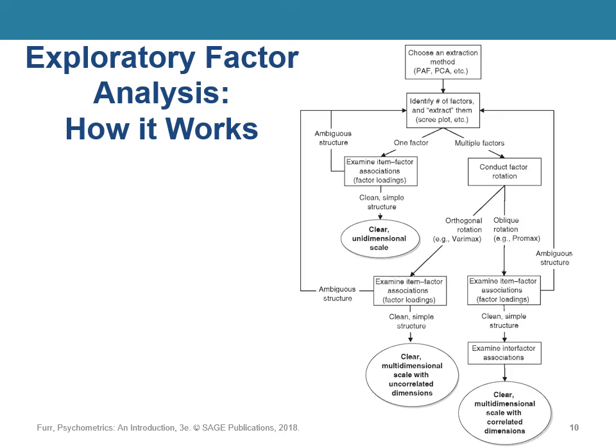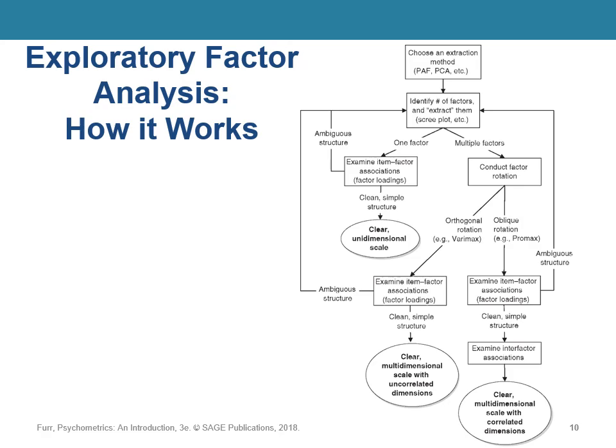So this flow chart gives you an understanding that once you do the extraction of the different factors, you want to determine whether or not it's going to present with just one factor. Then we know it's plain and simple. We'll just have a unidimensional scale to work from.